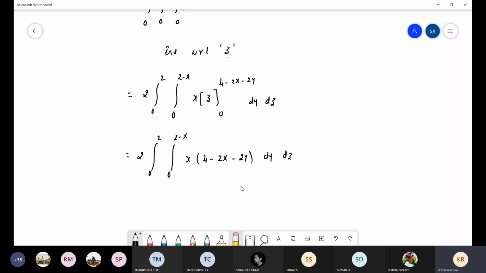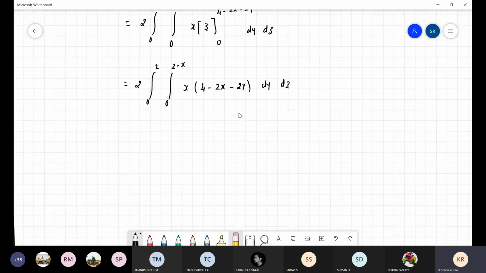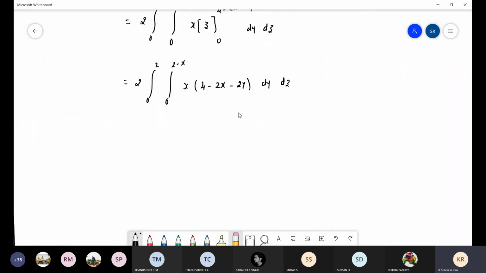Multiply that by x, otherwise you have to apply the by parts formula. So one more step: 2 times the integral of 4x minus 2x square minus 2xy.